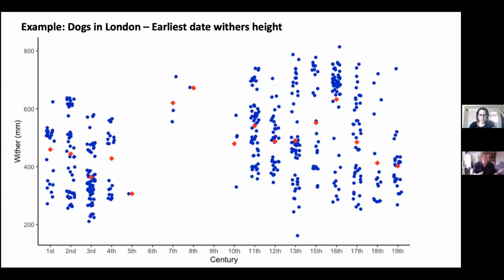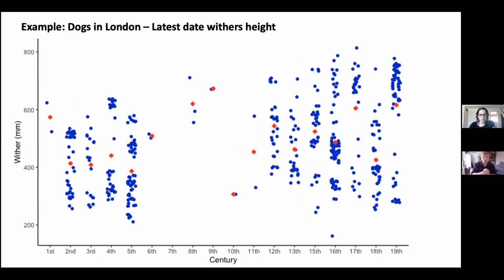But still, this nicely shows that there are some patterns in there. This is the data plotted using just the earliest date. And this is the exact same withers height data plotted using just the latest date. So it's the same measurements, but we've just gone from one end of the date range to the other.